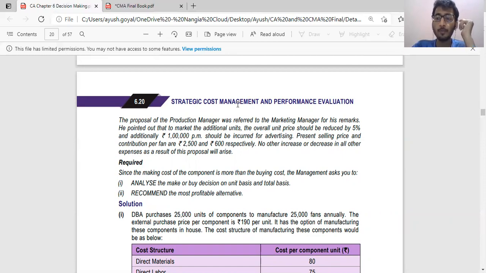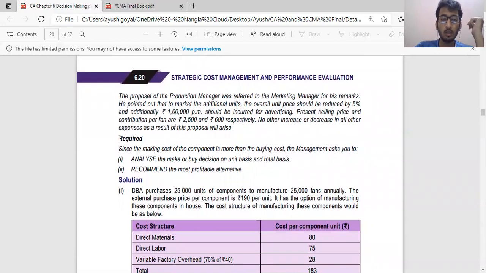So the marketing manager told us that if you make the component rather than buy it, the selling price would be reduced by 5% and you would incur an additional 1 lakh rupees per month for advertisement. Now the question is asking: since the making cost of the component is more than the buying cost, management asks you to analyze the make or buy decision on a unit basis and on a total basis, and recommend the most profitable alternative.